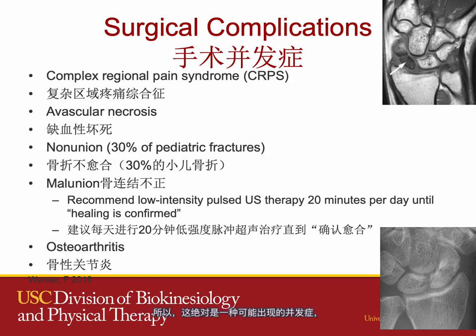So it's definitely a possibility as a complication that if you're seeing these patients and there's a lot of pain still and they're not willing to sort of do the mobility that they need, you might consider non-union. I already mentioned avascular necrosis being a problem. Complex regional pain syndrome can also be a problem with distal radial fractures as well. And we don't have time to go into that, but complex regional pain syndrome, I think in China you guys call it shoulder hand syndrome.